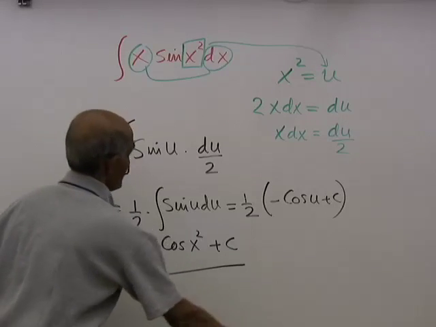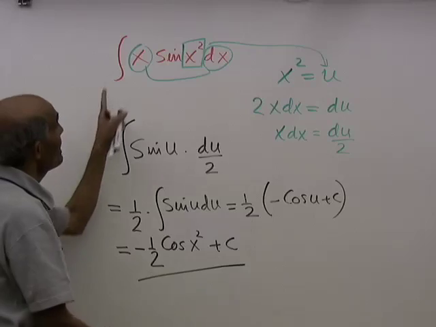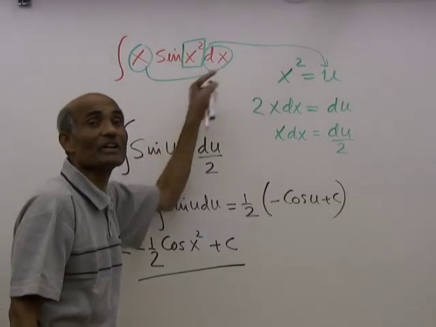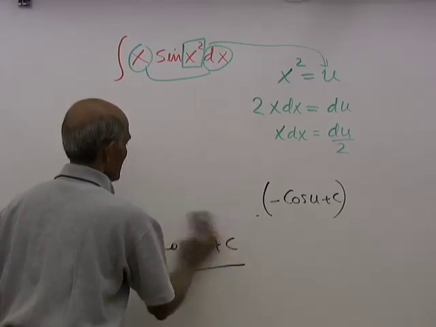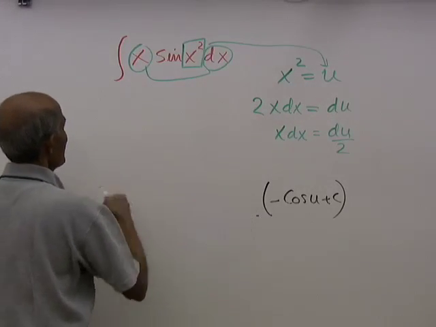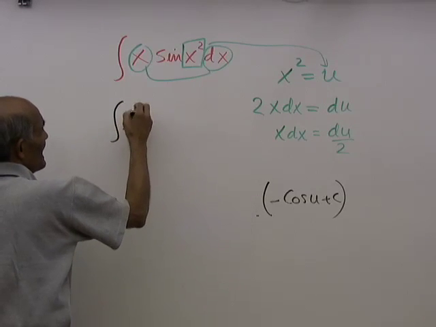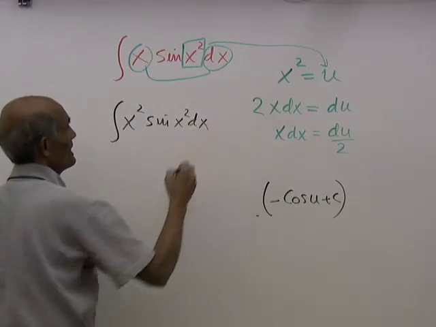Okay, now tell me. If I take away a couple of these steps, I'm going to ask you a question. What we did here is integrate x sine x squared dx. Now, is it possible to integrate, say, this? Integral x squared sine x squared dx.